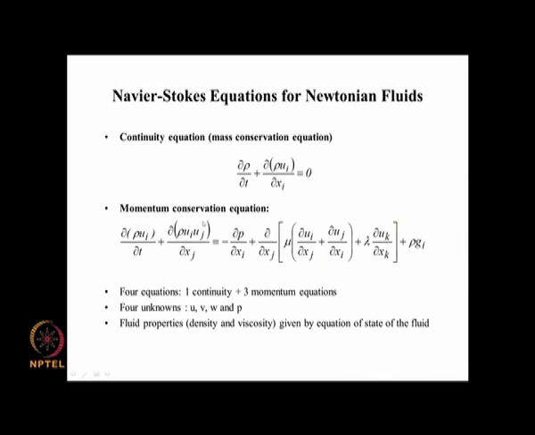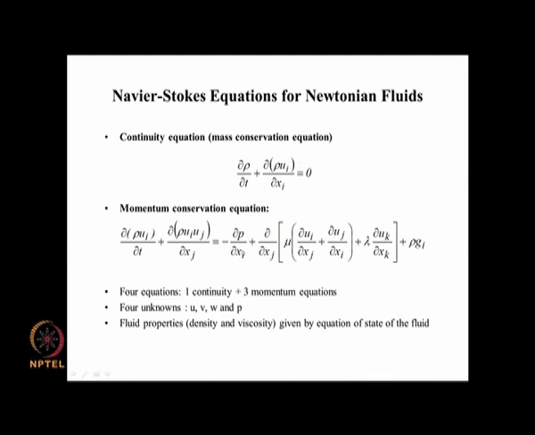Here we see terms involving repeated index j, repeated index i, and repeated index k, and all these give rise to a set of four equations: the continuity equation and three momentum equations.